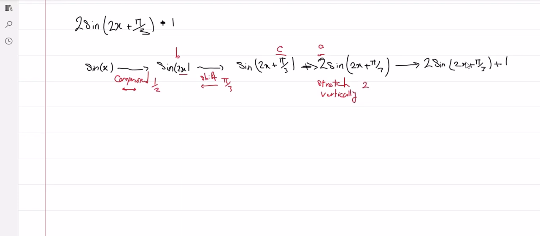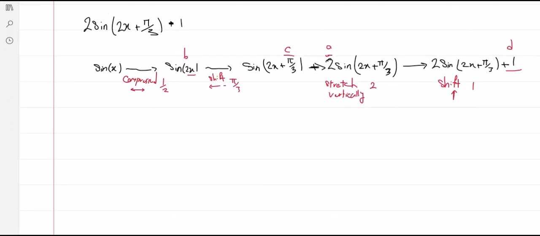Now, on the final stage, there is a plus 1 added to the whole function. And what it does, which is our d in here, is shift the function vertically by this value. Shift to the upside, since d is a positive value, by the value of 1.